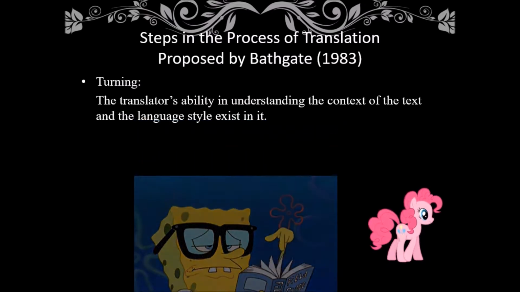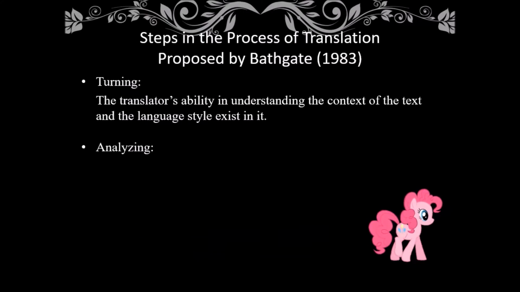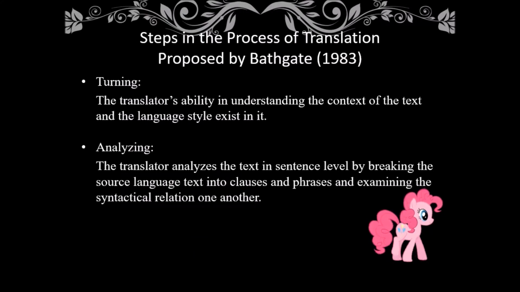The second is analysis. In this step, the translator analyzes the text at sentence level. It can be done by breaking the source language text into clauses or phrases and then examining the syntactical relation between one and another.